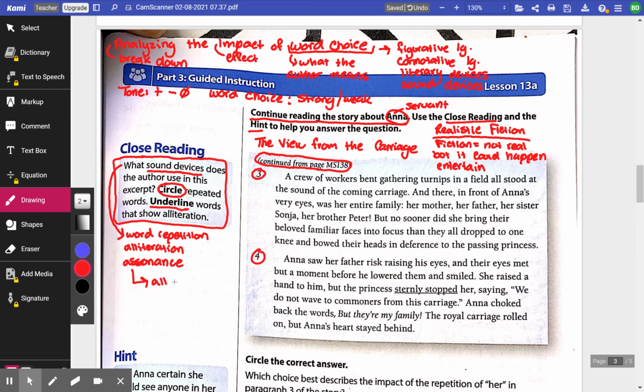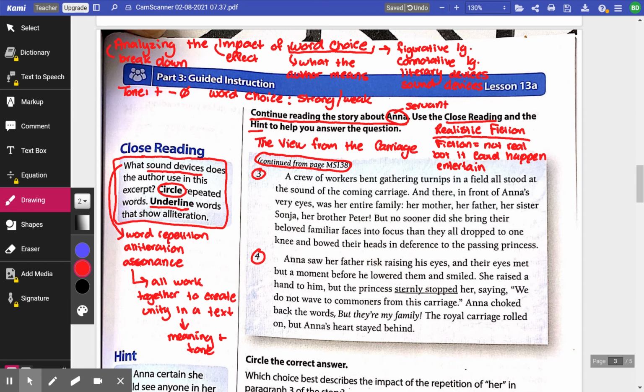Any type of repetition works together, and what I mean by unity is they're all working together to help the text have the same meaning and tone. So it all works together to establish a meaning and tone for that text.